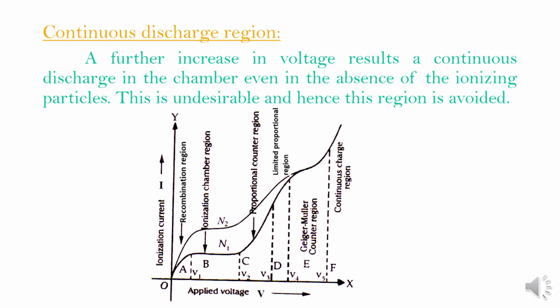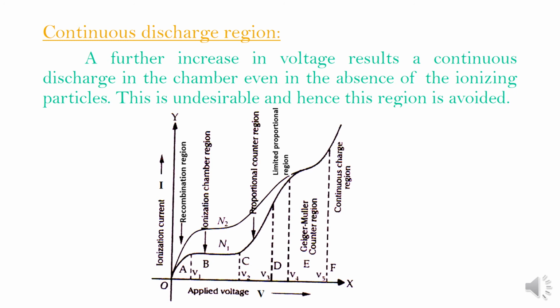Now in the next presentation, we are going to discuss two detectors. One works in the proportional counter region, and those detectors are called proportional counters. Another detector we are going to discuss is the GM counter.